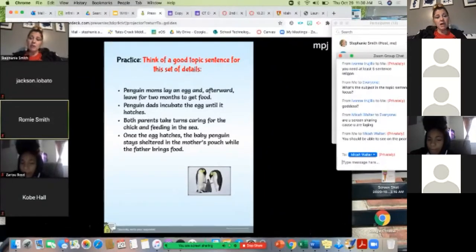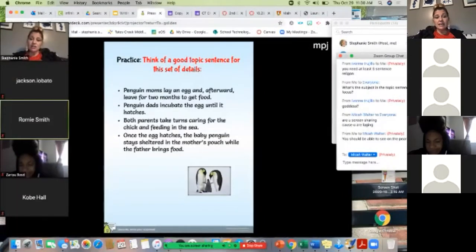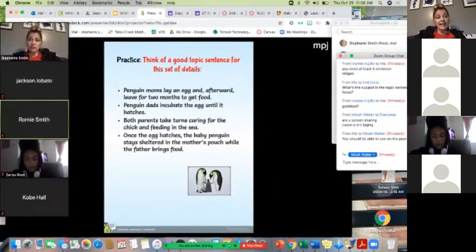The penguin moms lay an egg and afterward leave for 2 months to get food. Penguin dads incubate the egg until it hatches. Both parents take turns caring for the chick and feeding in the sea. Once the egg hatches, the baby penguin stays sheltered in the mother's pouch while the father brings food.